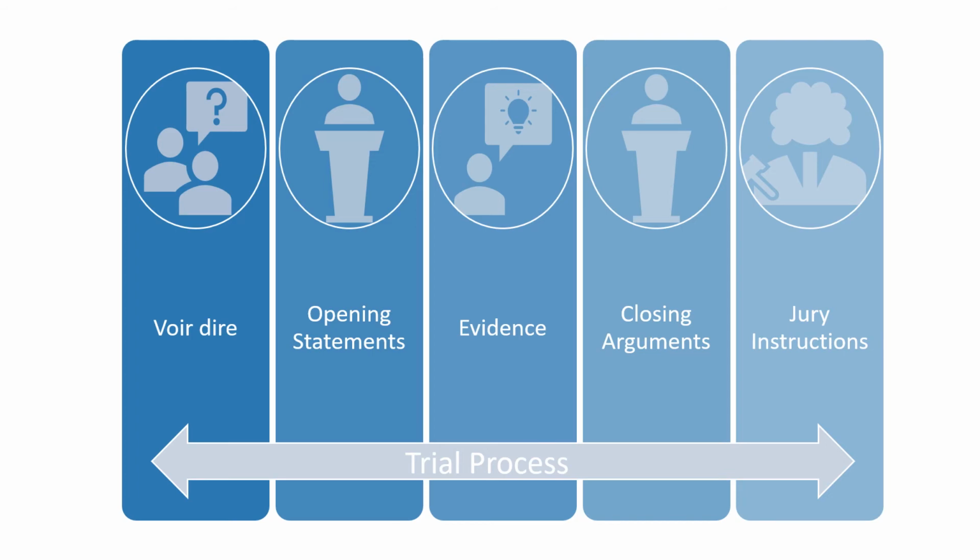Each side, the plaintiff and the defendant in a civil case, and the prosecution and defendant in a criminal case, each side has a certain number of jurors that they can remove. They have what are called challenges for cause and peremptory challenges. Challenges for cause are unlimited.